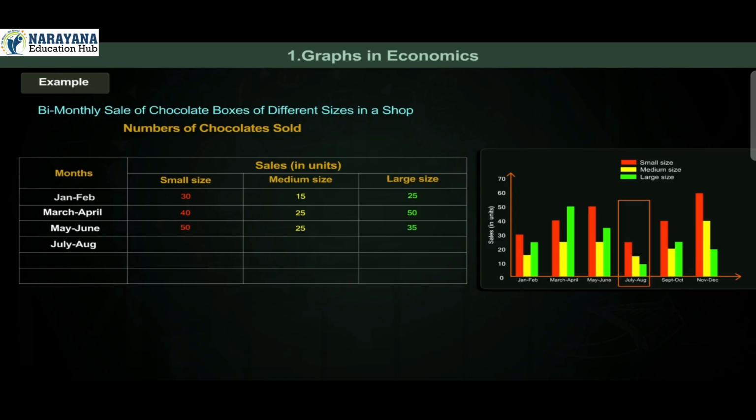July to August. Small size 25, medium size 15, large size 10. September to October. Small size 40, medium size 20, large size 25. November to December. Small size 60, medium size 40, large size 20.